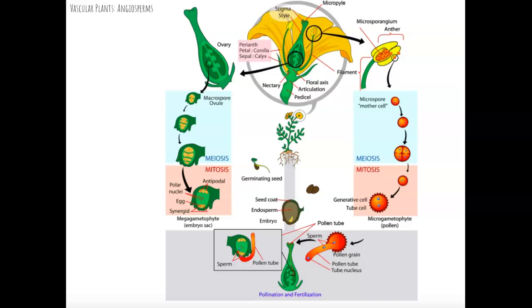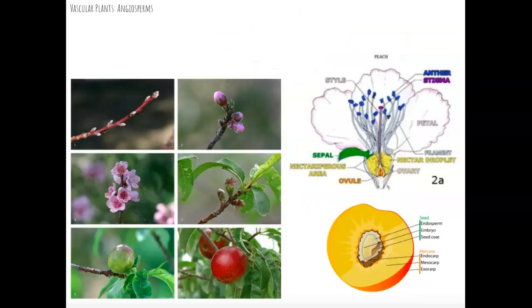The tube cell is the one that will actually grow the tube from the stigma down into the ovule. And those are the pollen grains that are then able to fertilize the egg cells that are created in the ovary of the plant.